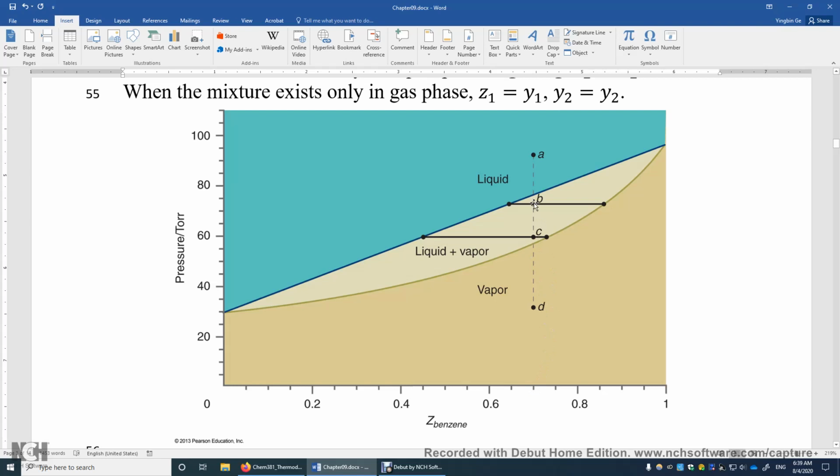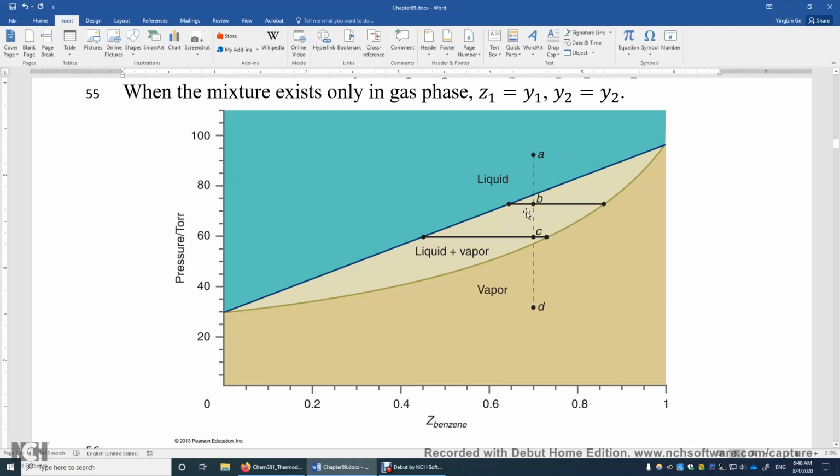Now let's look at point B. Same overall Z benzene is 0.7, but over here you can see the pressure is higher. At the higher pressure, X of benzene is 0.65 and Y benzene is 0.88.